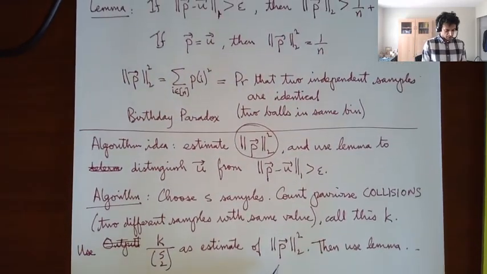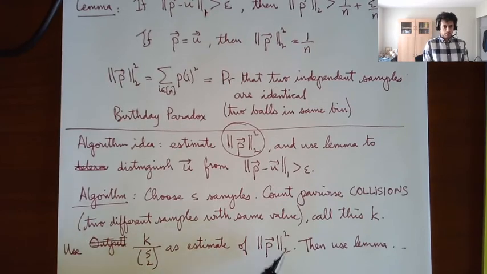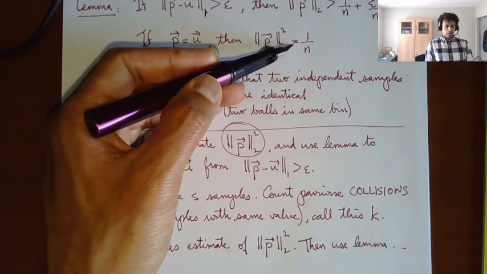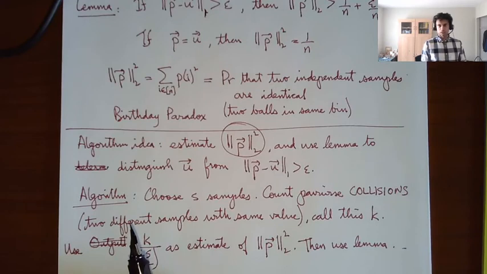So you check the difference between the estimate and 1 over n, and if this difference is sufficiently large, then you reject, otherwise you accept.